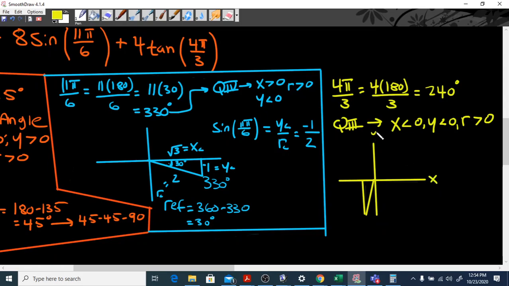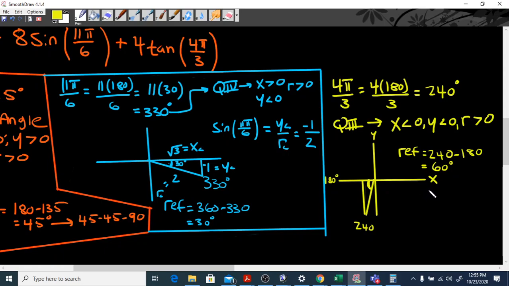Here's x, here's y. And now here's the thing, right? Here's 240, and then 180 is over here, okay? When I draw that down, I want to think about what angle that is, so I can get my reference angle. Okay, here's my reference angle. My reference angle is going to be 240 minus 180. Okay, and that's going to give me 60 degrees. So this angle here is 60 degrees.